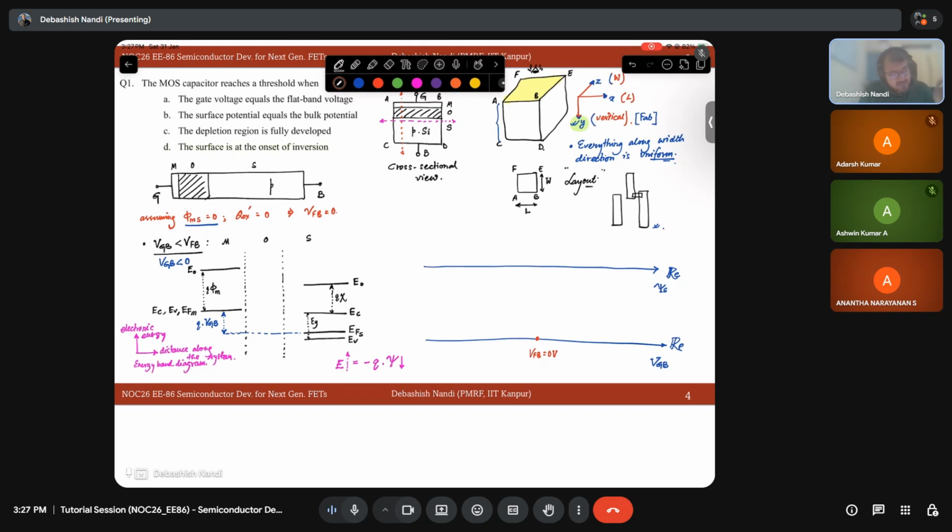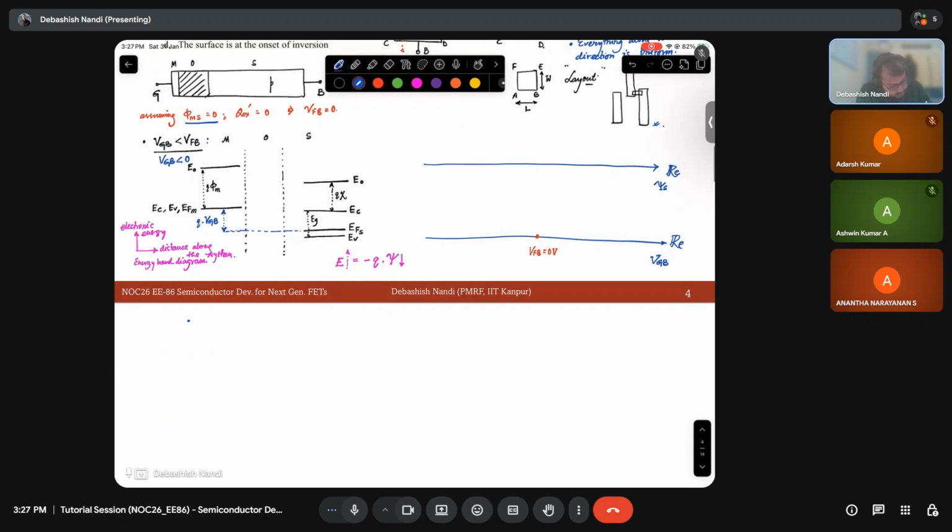So next step is you need to understand the profile of E0. So you have a metal, then an oxide, then a semiconductor.